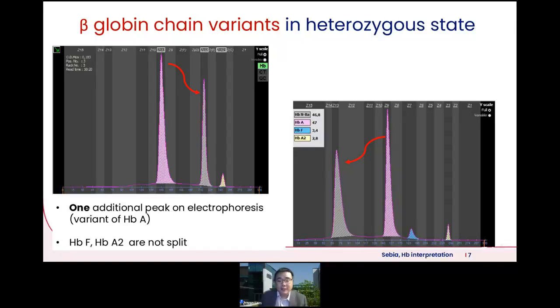Okay. And in instances of the beta variant, it's important to note that the hemoglobin F and hemoglobin A2 peaks, the minor fractions, are not split. Why? Because the beta gene is only present in hemoglobin A, so you do not split the other hemoglobins. All right, this is the distinct signature profile of the beta globin variants.